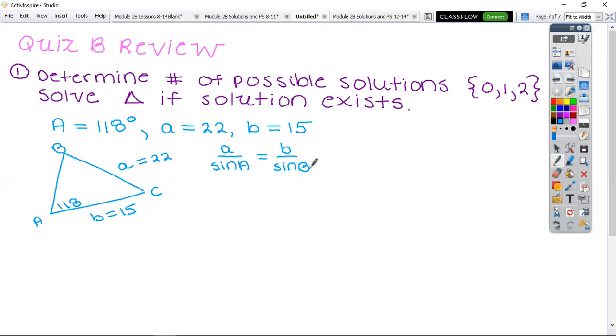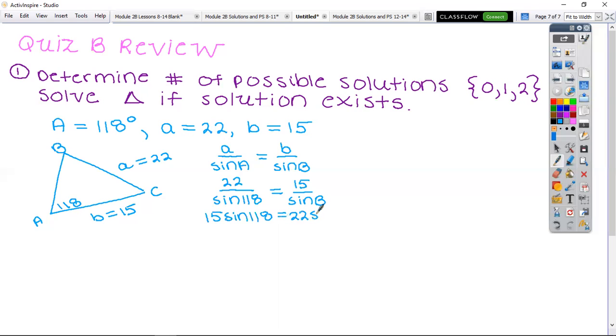So you're going to plug this in. So I'm going to go 22 divided by the sine of 118 is equal to 15, and then over the sine of B. You're going to cross multiply. Again, don't type anything in your calculator yet. You want to prevent any type of rounding error.